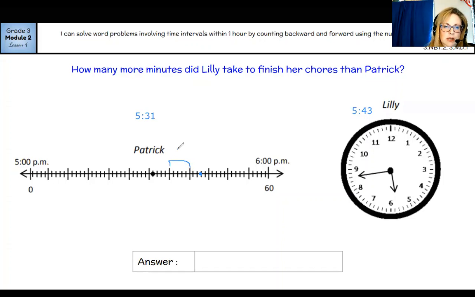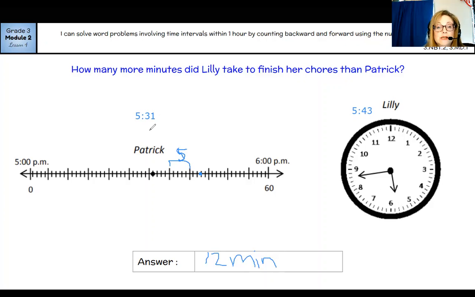We've talked about this a lot in our groups. So I could say 5 minutes here, plus this 1 is 6, 7, 8, and 9 minutes here, 9, 10, 11, 12. So the answer is 12 minutes have elapsed. It took Lily 12 minutes more than Patrick.